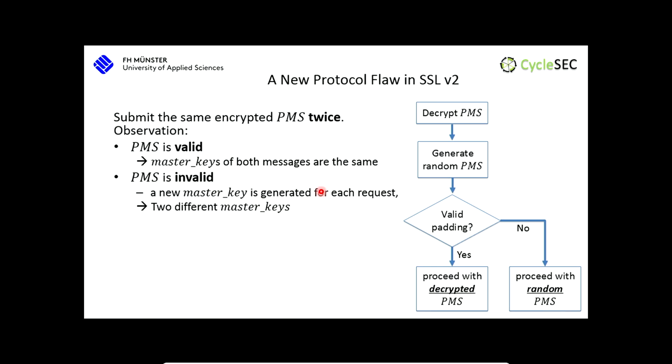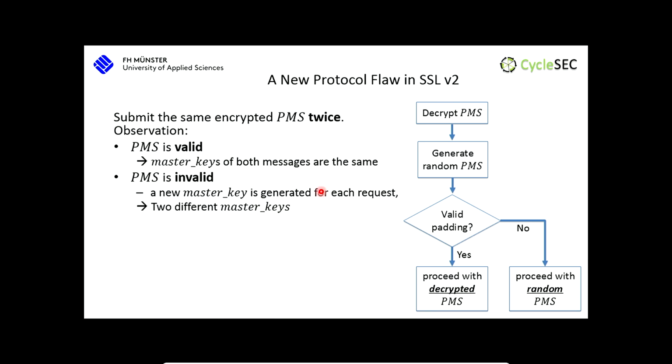So let me show you why this is important and why this forms a new Bleichenbacher oracle. So let's assume we create a new ciphertext, a new encrypted pre-master secret using export 40 bits, and send it to the server, and we do it twice with the same ciphertext.